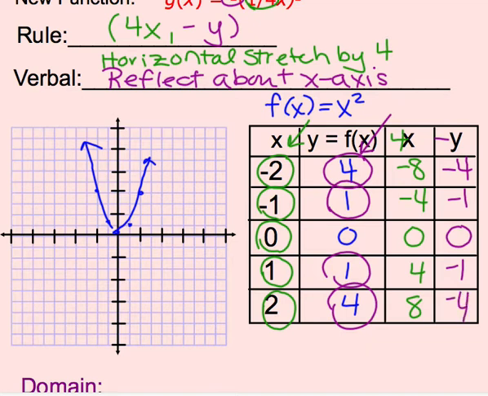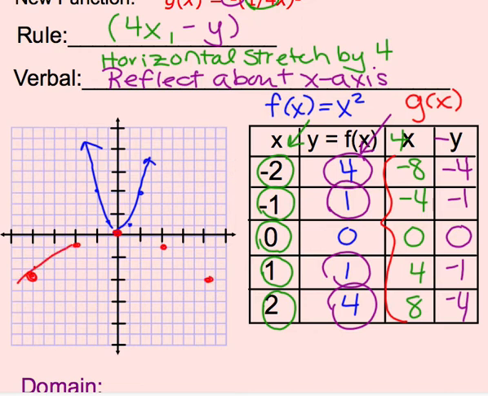So what we'll get when we graph this g of x function is these 5 ordered pairs: negative 8, negative 4; negative 4, negative 1; 0, 0; 4, negative 1; and 8, negative 4.